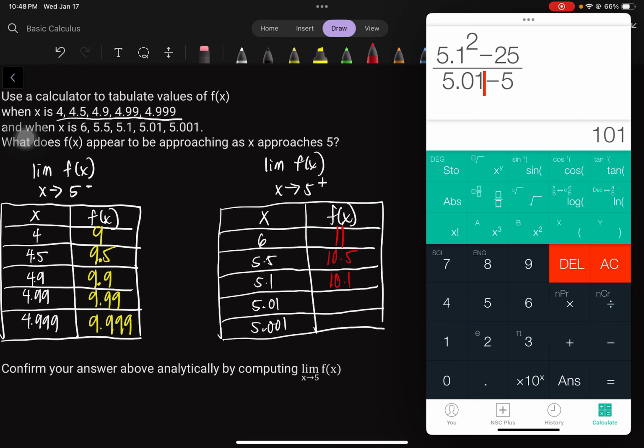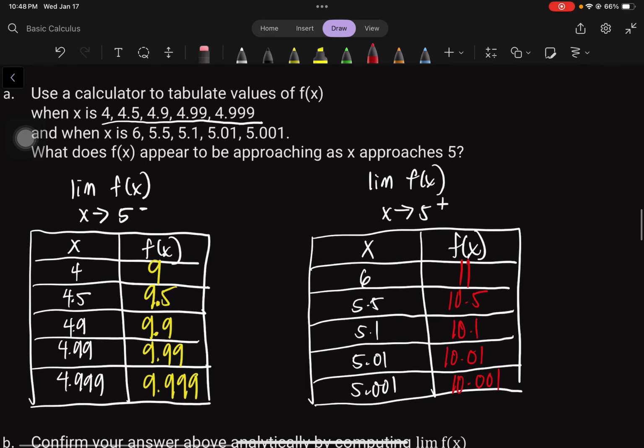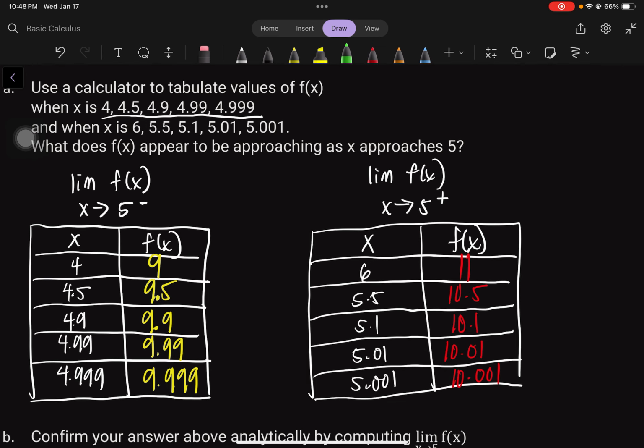Let's put another 0: 10.01. And another 0: 10.001. Okay. Based on our answers, they are approximately equal to 10. So we just round up or round down.